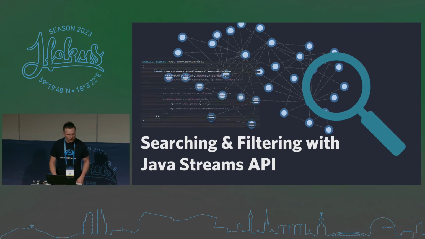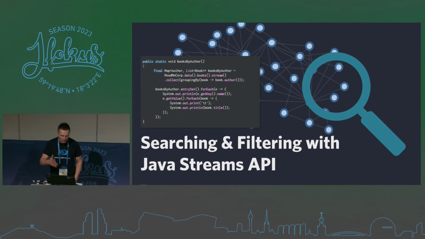What about the query language? Most of you, I guess, know the Java 8 Streams API. If you use Java Streams for searching object graphs, this is really powerful and really fast.